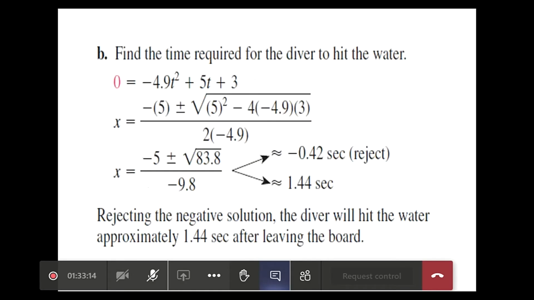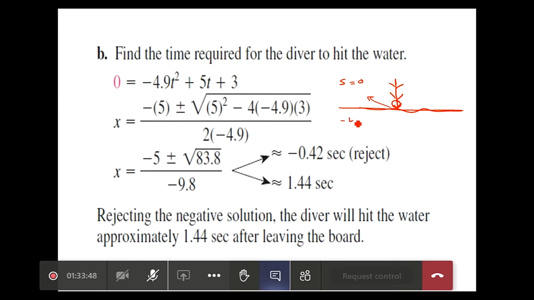Number 2, find the time required for the diver to hit the water. The diver hits the water vertically, and this is the water. So the distance between the diver and the water equals what? Equals 0, the distance S that we are calculating.